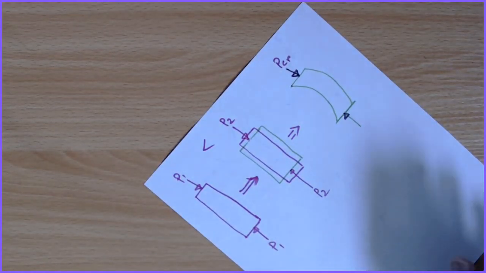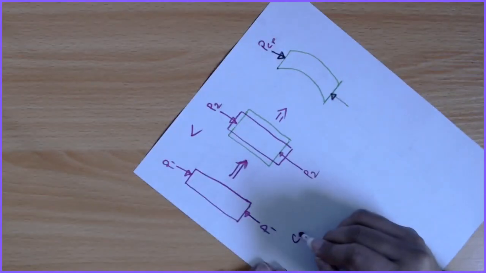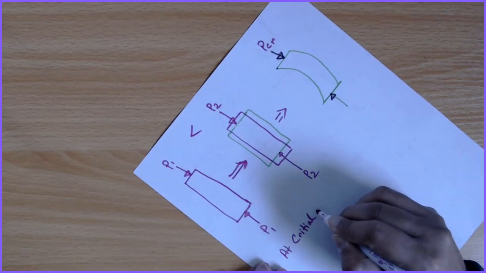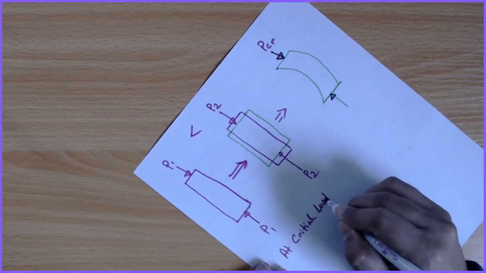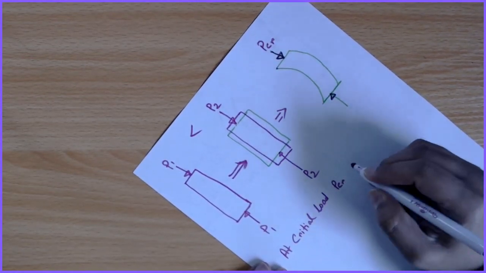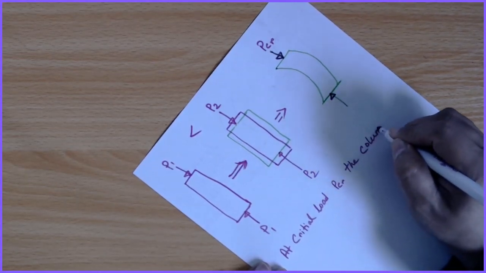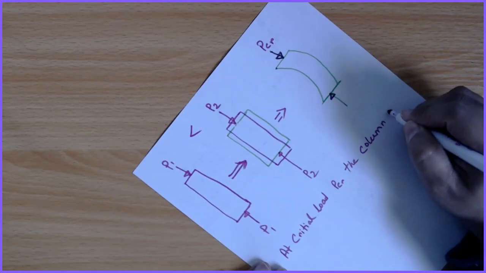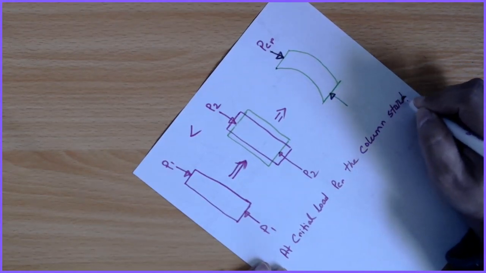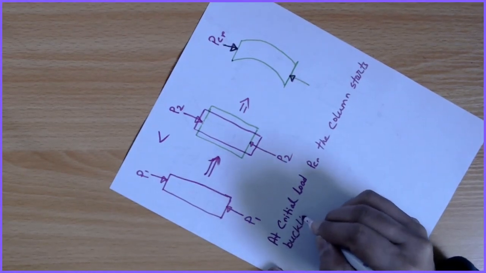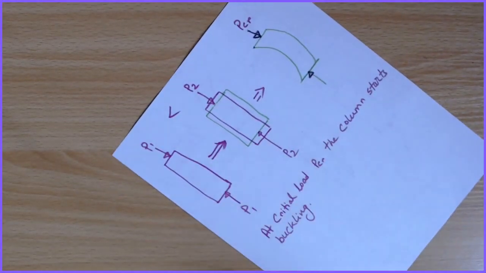At the critical load, P critical, the column starts buckling, and it is very important to know this critical load for the design of columns.